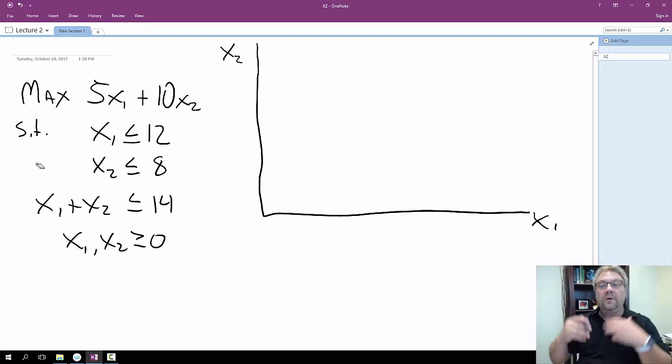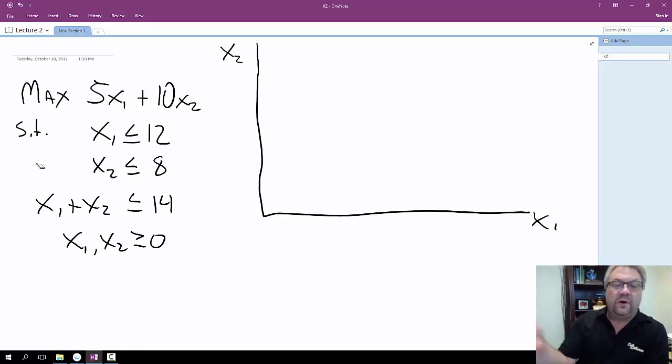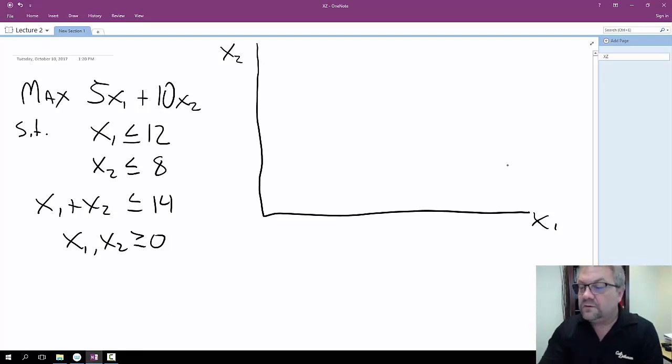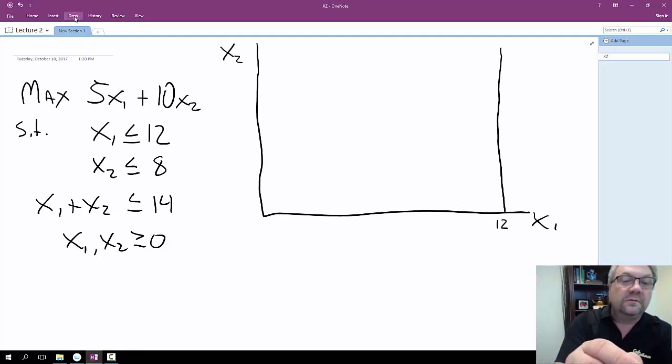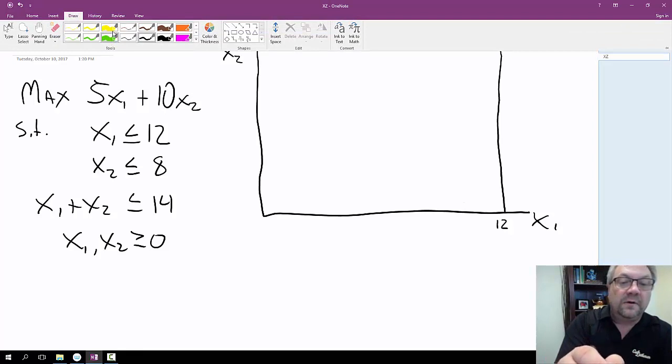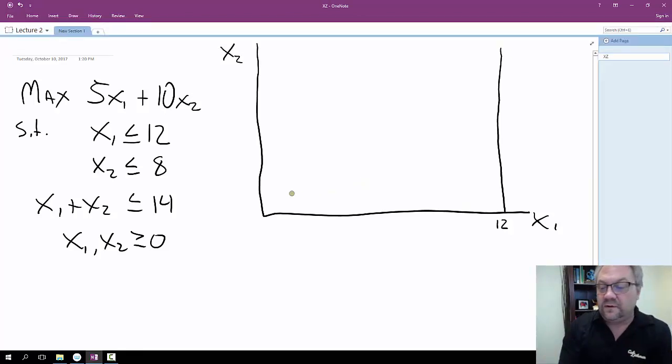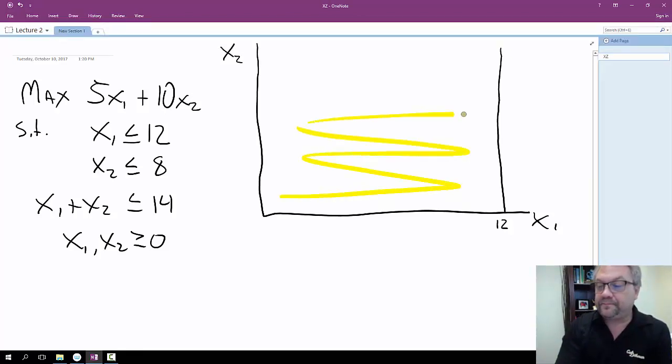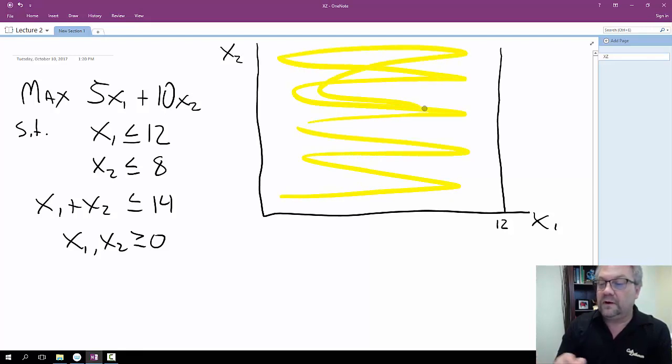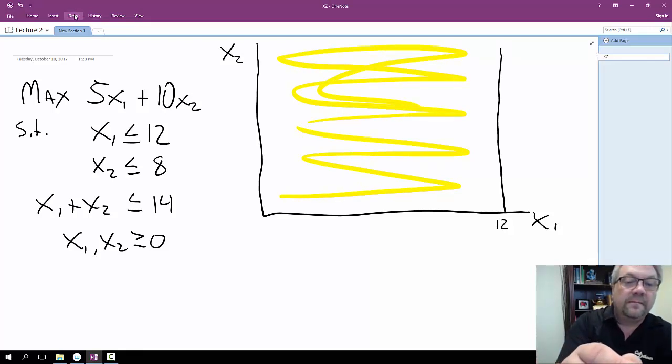Okay, so let's start drawing this out. This first one is pretty simple. x1 has to be less than or equal to 12. So I'm just going to draw a line. Here's 12. And less than or equal, that's that area.